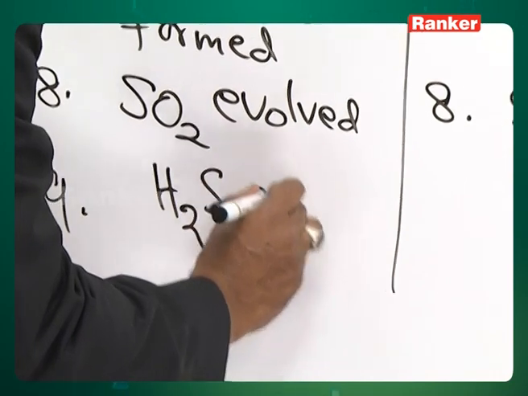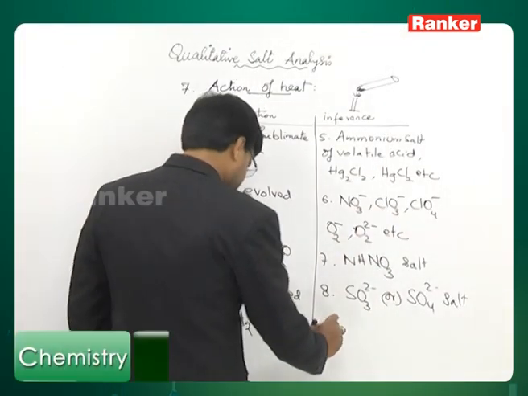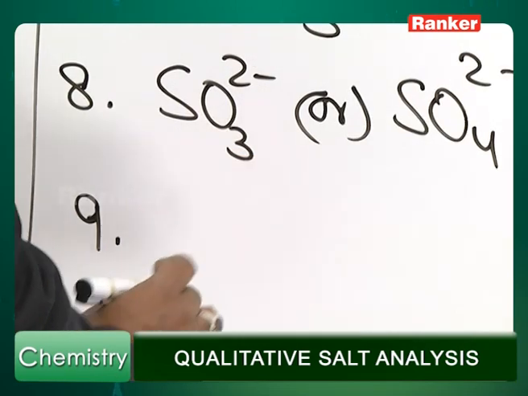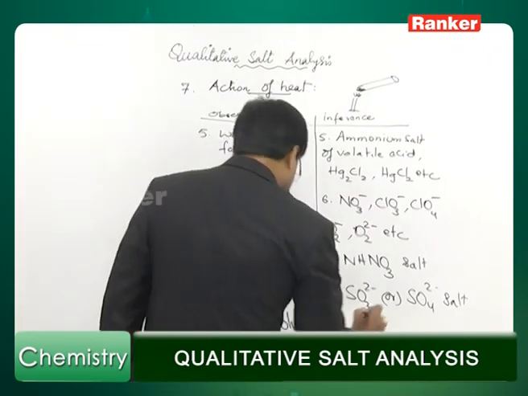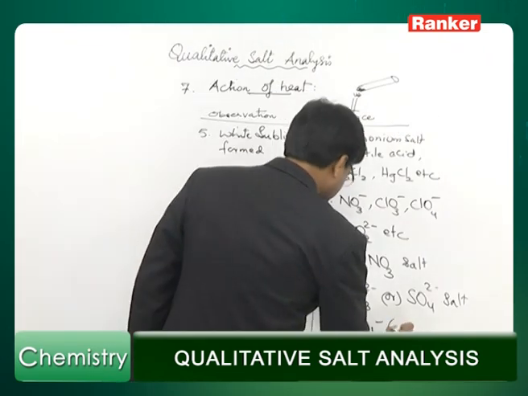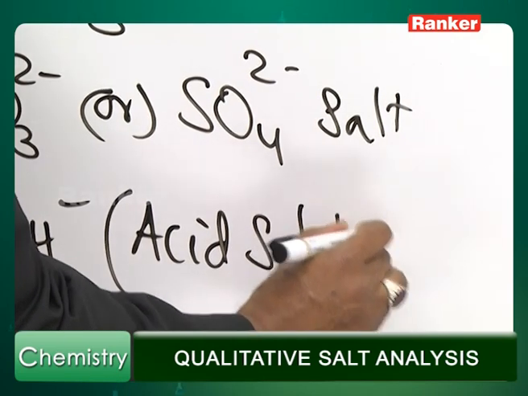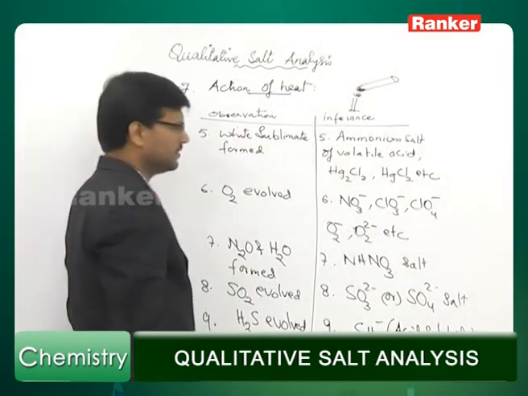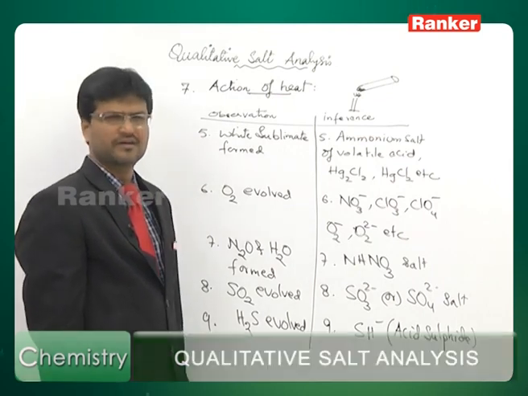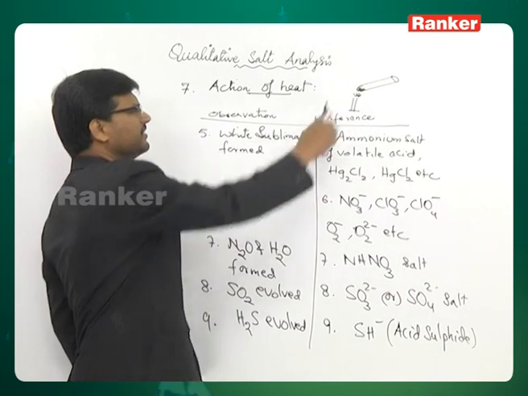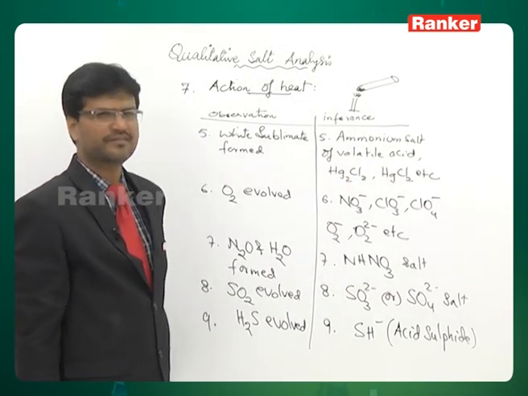If H2S is evolved, then it indicates presence of SH minus, acid sulfide. So, these are the important observations you can make during action of heat testing, and these are the inferences for each type of observation you make.